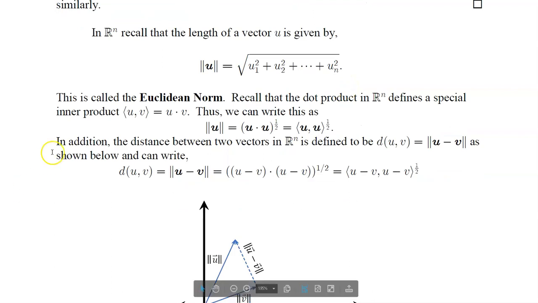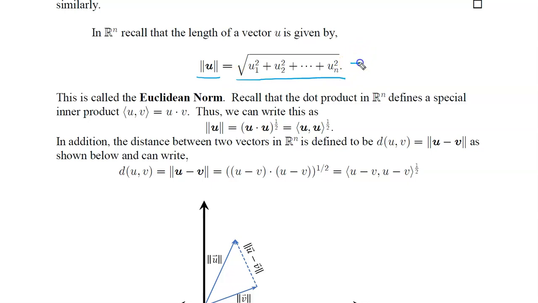Now let's recall this. We're going to study the norm in inner product spaces and the distance between vectors in inner product spaces. So recall that in Rn, we denoted the norm of any vector u to be this quantity.